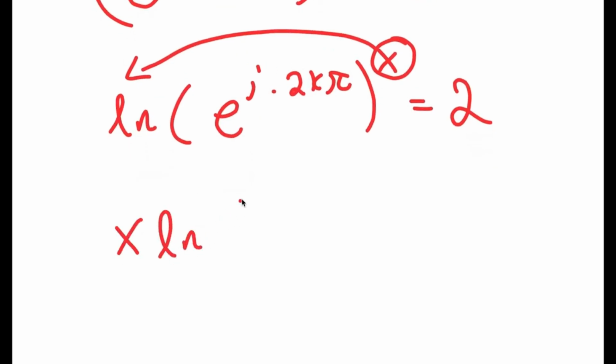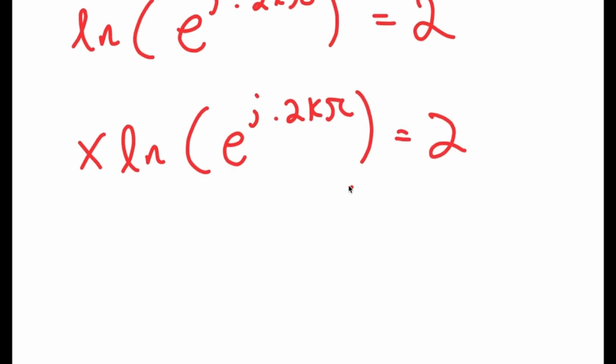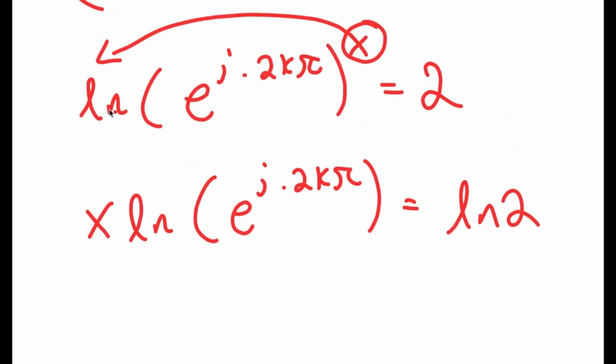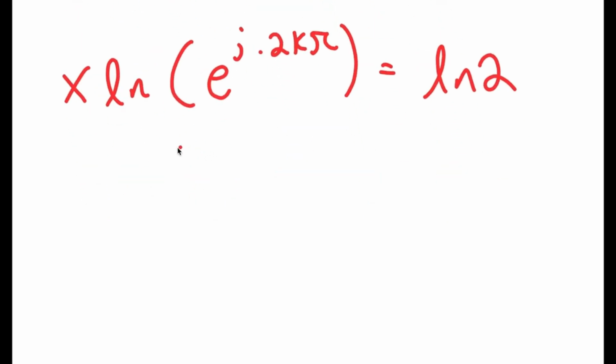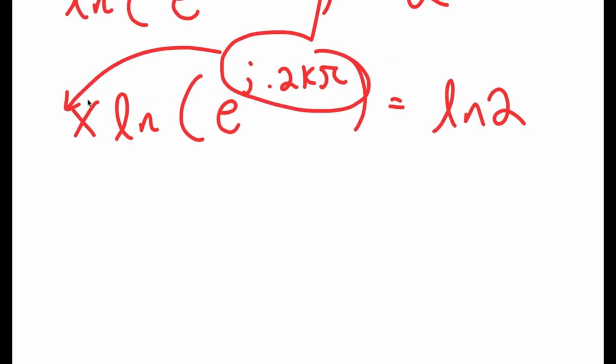So I get x times ln e to the power of i times 2k pi is equal to ln of 2, because if you take ln on one side, you have to do the other side. And now I can also move i times 2k pi to the front.